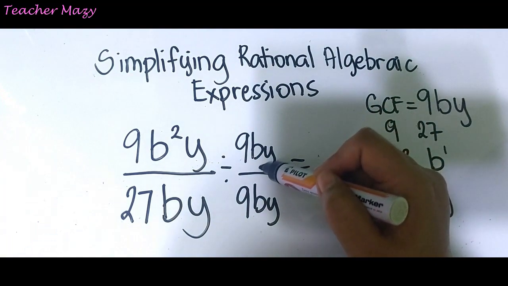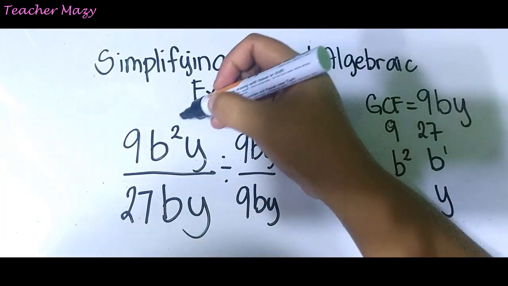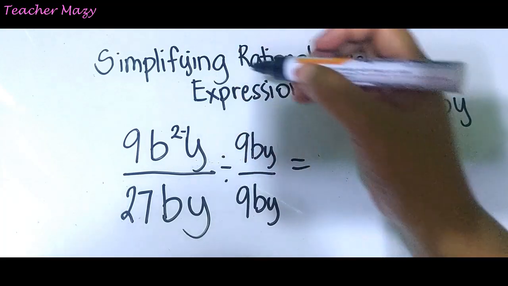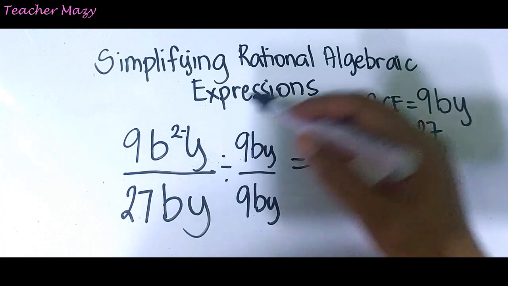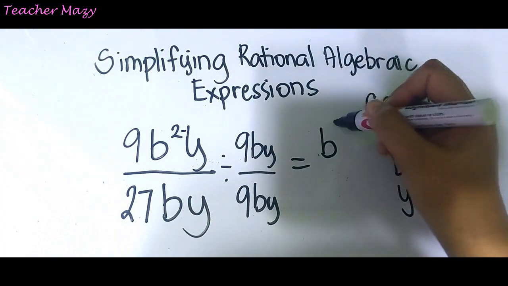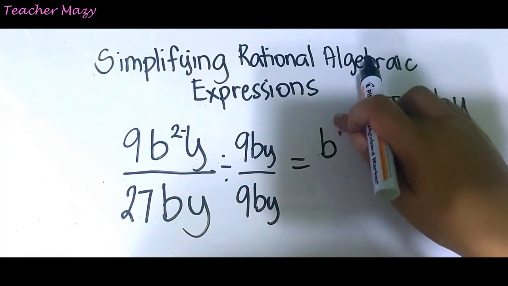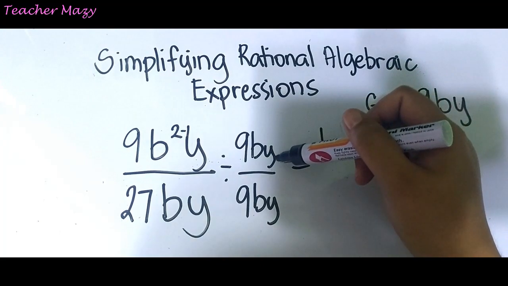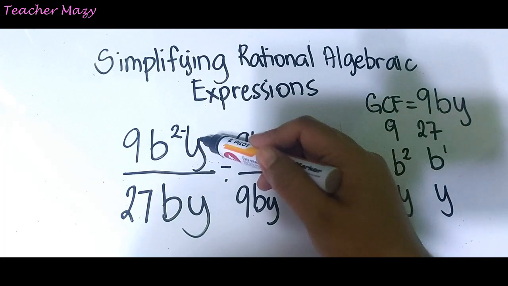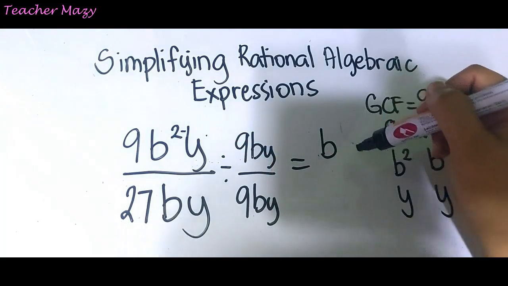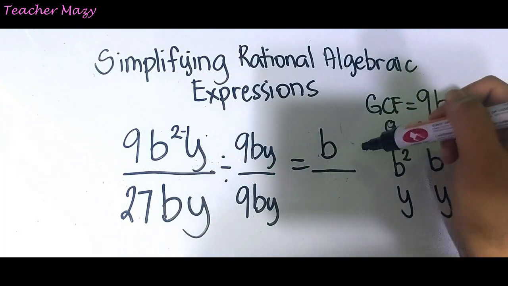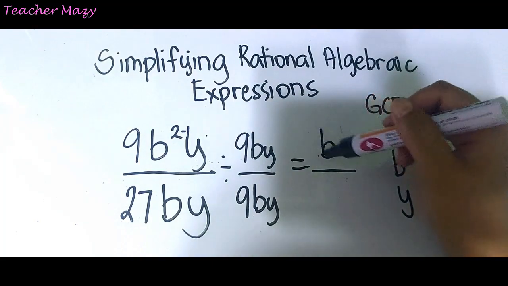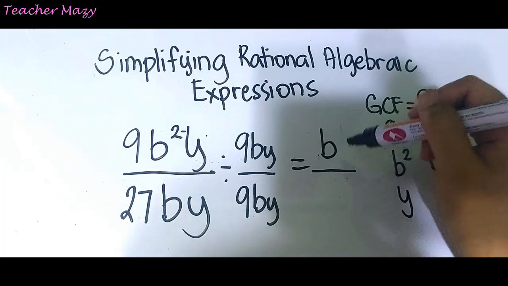In dividing exponents, we simply subtract them. So that means this is b to the 2 minus 1, which is 1, or simply b. Next, y divided by y is equal to 1, and since it is equal to 1, we don't have to write it. So we have b as our numerator.